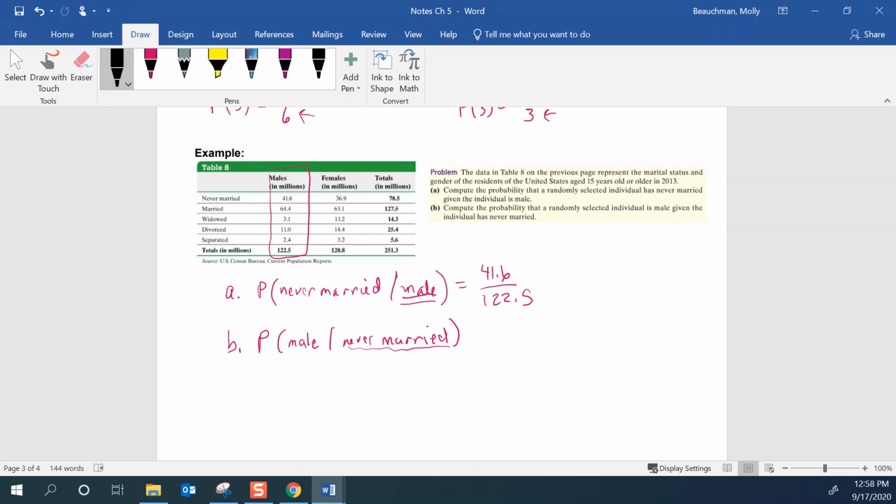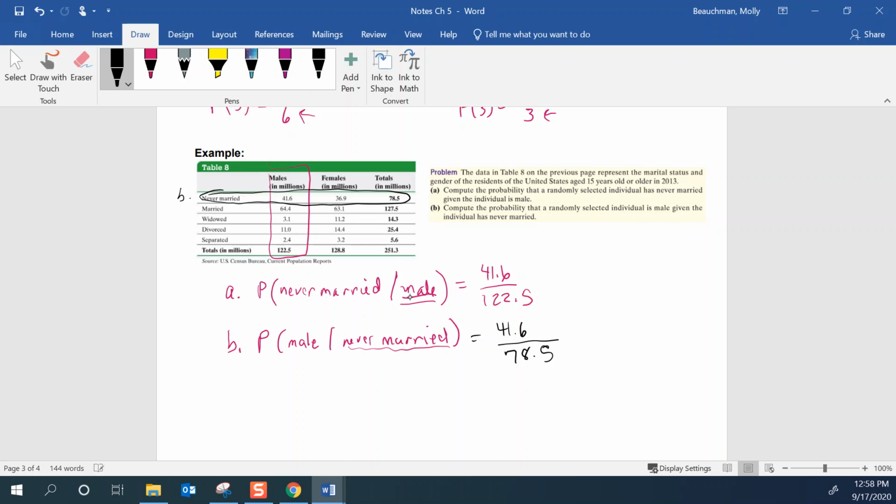Instead, we're going to use the row of never married. So for part B, we're looking at this row only. And we still are looking at males, but we want males that have never married. There are 41.6 males that have never married, divided by the total that have never married, 78.5.